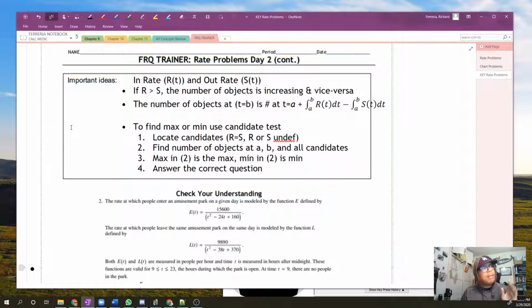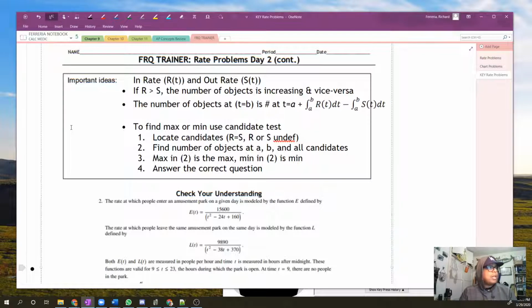And then the maximum is going to be the maximum and the minimum is going to be the minimum. And I know this sounds crazy, but make sure you're answering the correct question. Sometimes I'll be asking for the maximum amount or the minimum amount, or they might be asking, when does that minimum or maximum occur? So answer the correct question if you're going to do these problems.